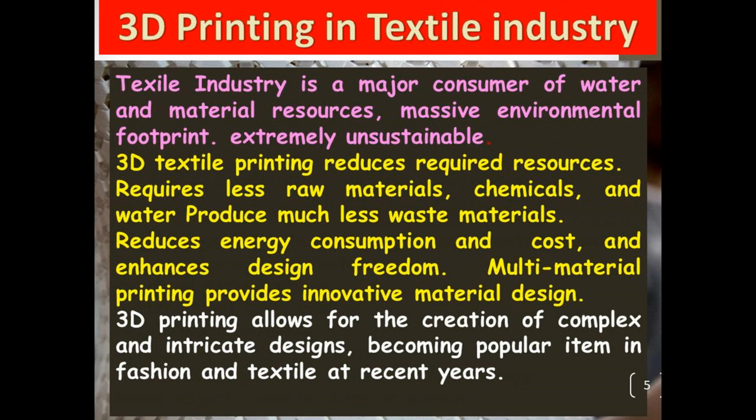3D printing in textile industry. Textile industry is a major consumer of water and material resources. It has massive environmental footprint and it is extremely unsustainable. 3D textile printing reduces required resources, requires less raw materials, chemicals and water, produces much less waste materials, reduces energy consumption and cost, and enhances design freedom.